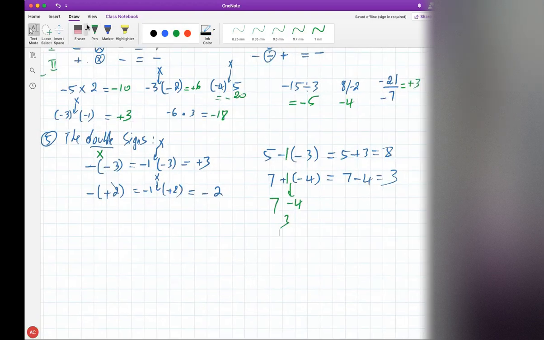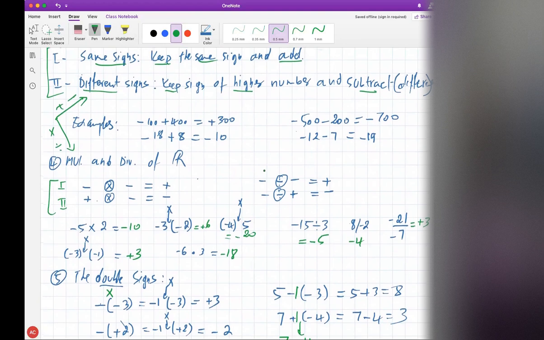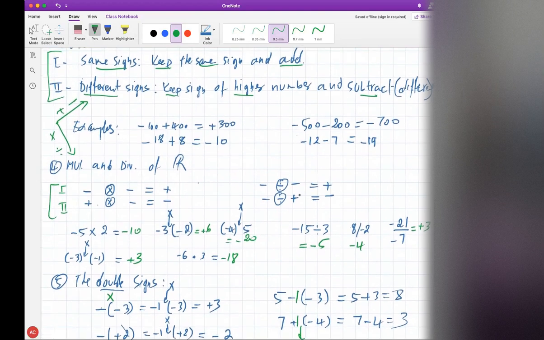Is that clear, everybody? Yes. All right, so again, it's pretty simple once you know the rules. All you need to know is basically this. Just this page, it has all the details.